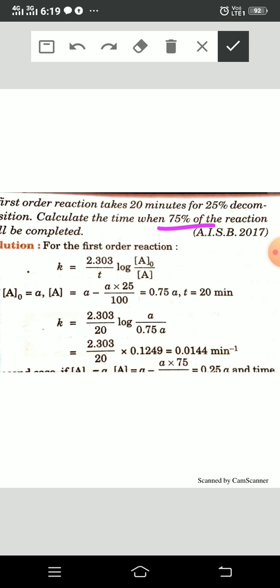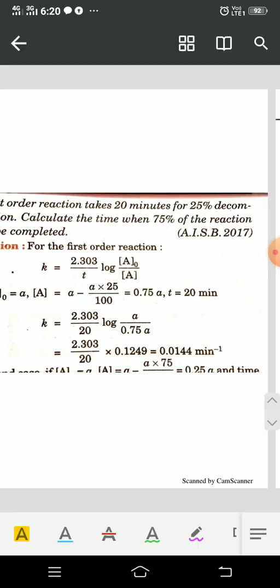So apply here the integrated form of first order reaction: k is equal to 2.303 by t log initial concentration by final concentration. The initial concentration is a. The final concentration is a minus a multiplied by 25 by 100, which becomes 0.75a. t is equal to 20 minutes. When you put all these things in this equation, you will get the answer of this numerical.